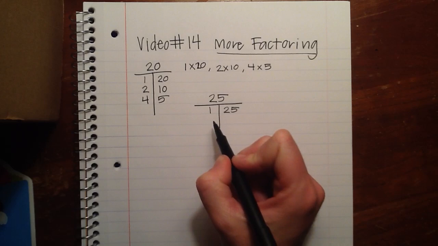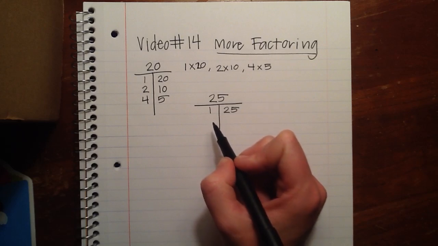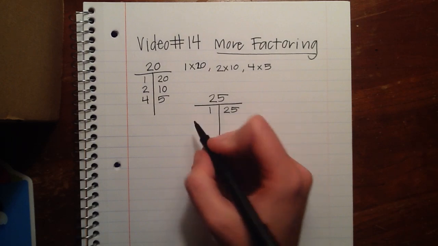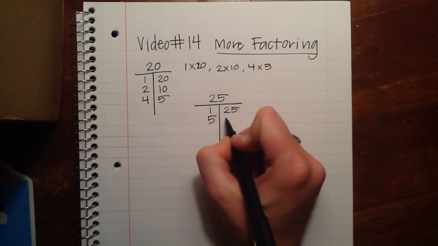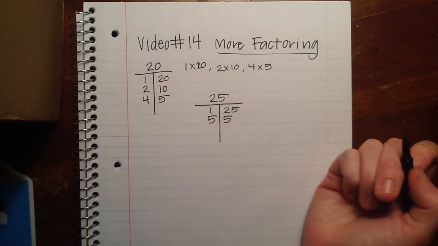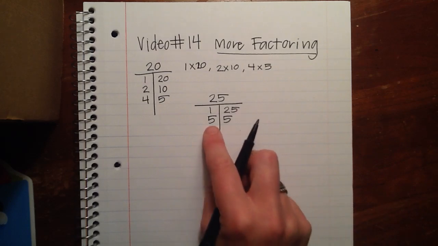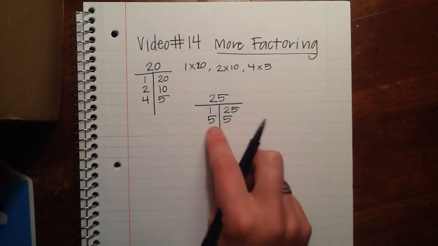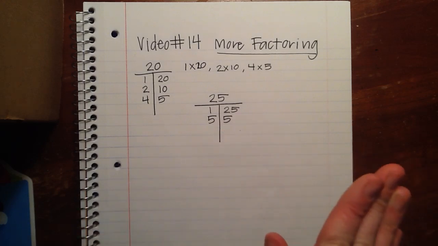Okay, does 3 go into 25? No. Does 4? No. Does 5? Yes, 5 times 5. Whenever you get two numbers that are the exact same, you're done.